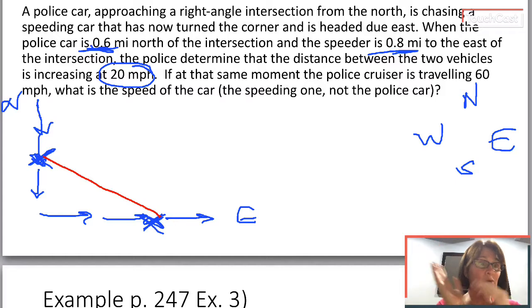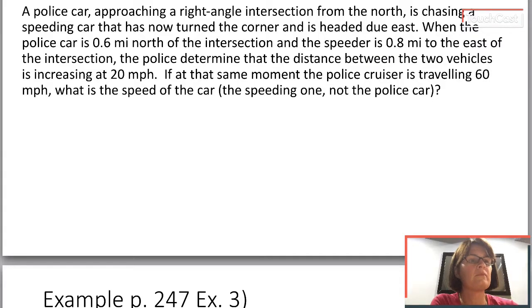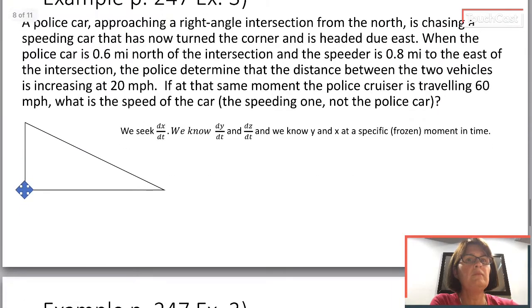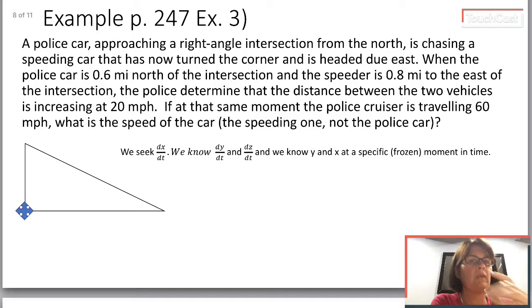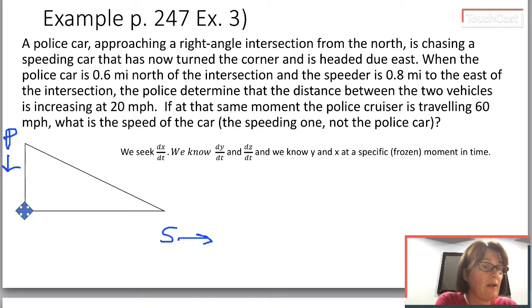I'm going to change the slide now where I have a nice pretty picture, and we're going to figure out what we know and what we need to know. All right, so we have a police car going this way toward the intersection, a speeder going that way, away from the cops.